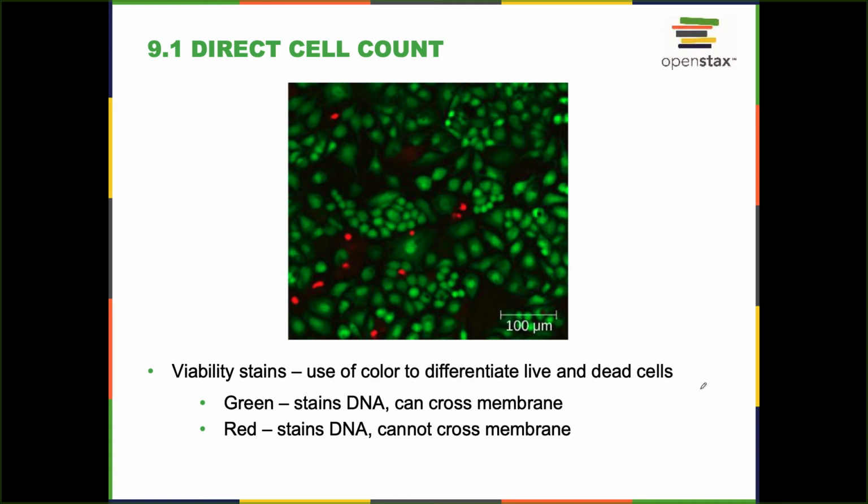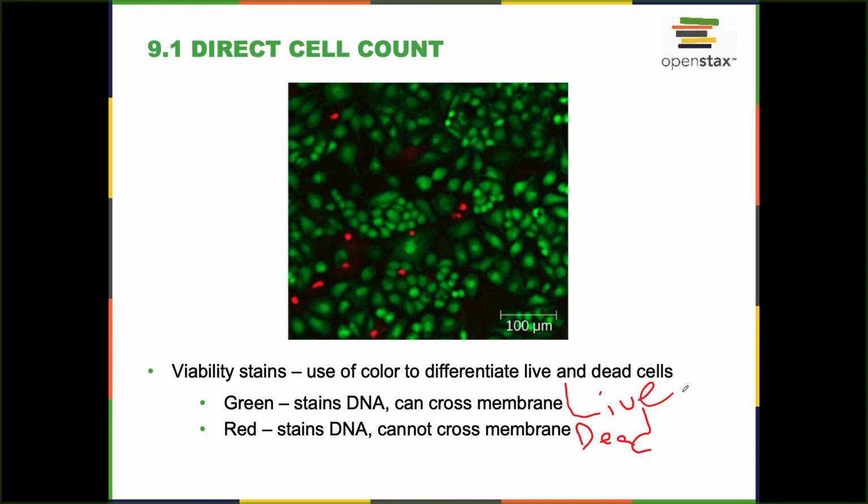So remember, in a living cell, we're going to have cells that have intact membranes, right? Which means then that the red stain will color only the dead cells, right? Because remember, they cannot cross membranes, whereas our green stain will color the live cells because they can cross membranes, right?